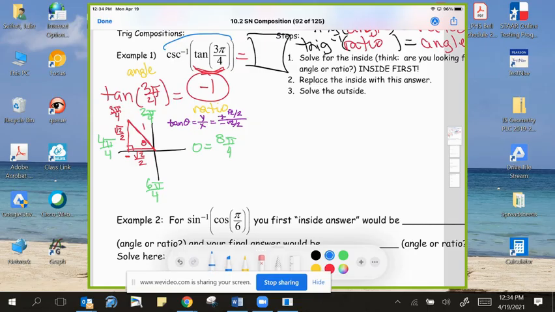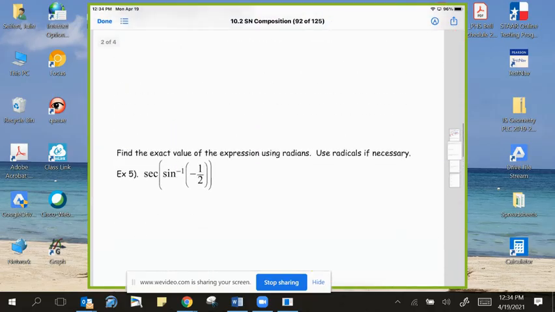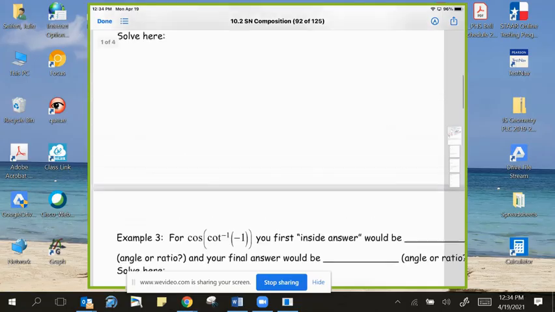So now we have cosecant inverse of negative 1 equal to, and that'll end up being our final answer.